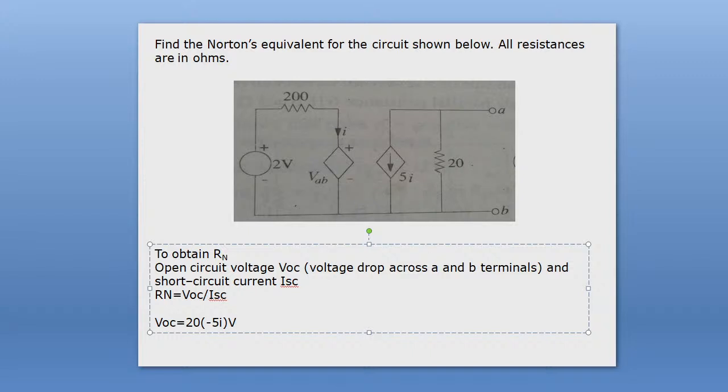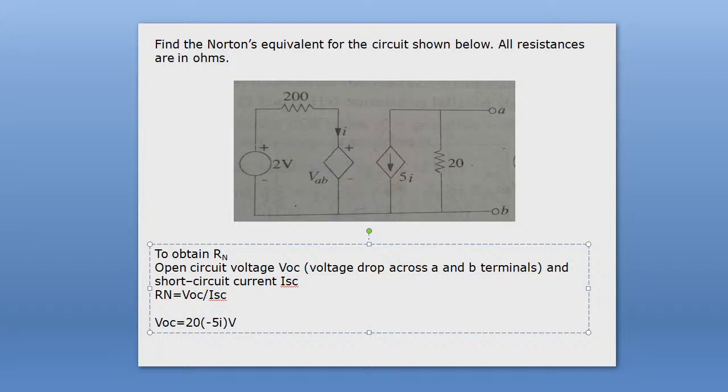Everyone, try to understand the solution of this problem, or you can solve it yourself using another approach, and finally you compare your result with my result.